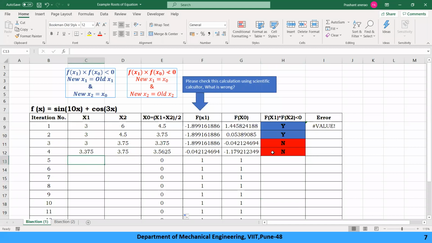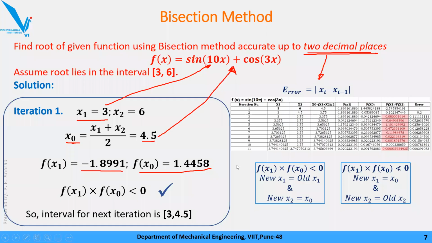This is the red one, meaning the condition is not satisfied. New x1 is x0, then new x2 is the old x2. So the multiplication is positive again, and so on. You will find a lot of positives, and then further on you will get a negative. Then we will proceed for error calculation, and that's it.